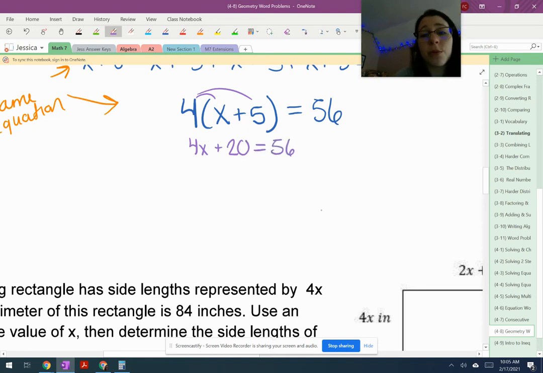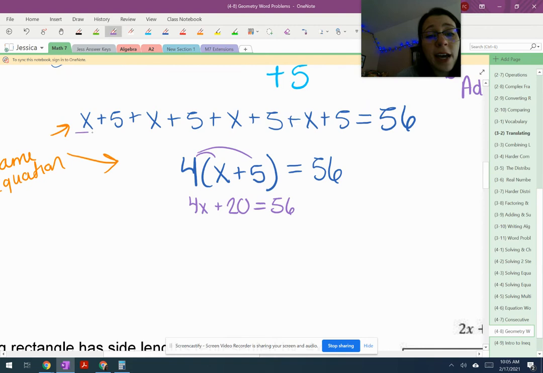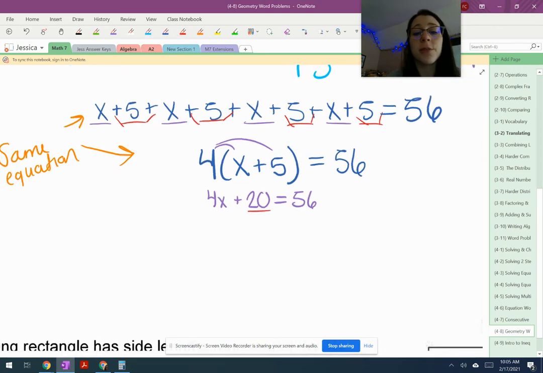And I'm going to take this opportunity to point out that if I had added x plus x plus x plus x, that would get me my 4x. And 5 plus 5 plus 5 plus 5 would have given me that 20. So either way you set this up, whether you write it all out or you think to turn it into that distribution, either way it's going to get you the right answer.